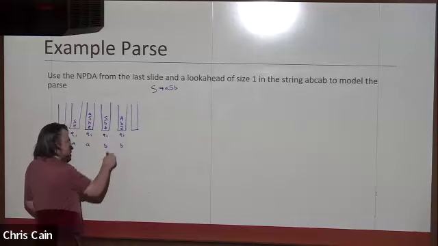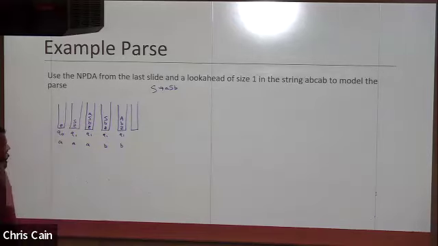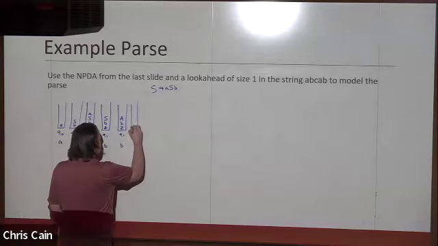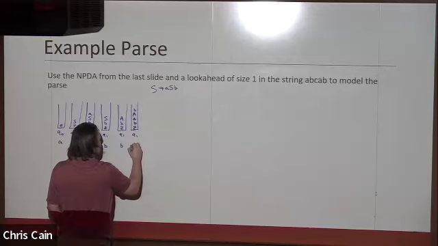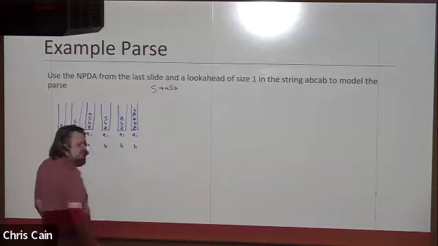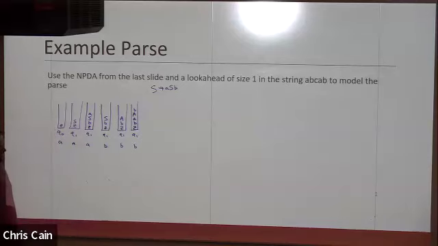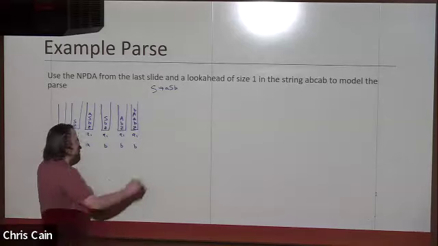Because that's not the character we're looking for, so we need something to do to that A to get there. We can pop the A and then A goes to B, A, lowercase a. Excellent. Now the character on top matches the character we're looking for, so we can pop it.